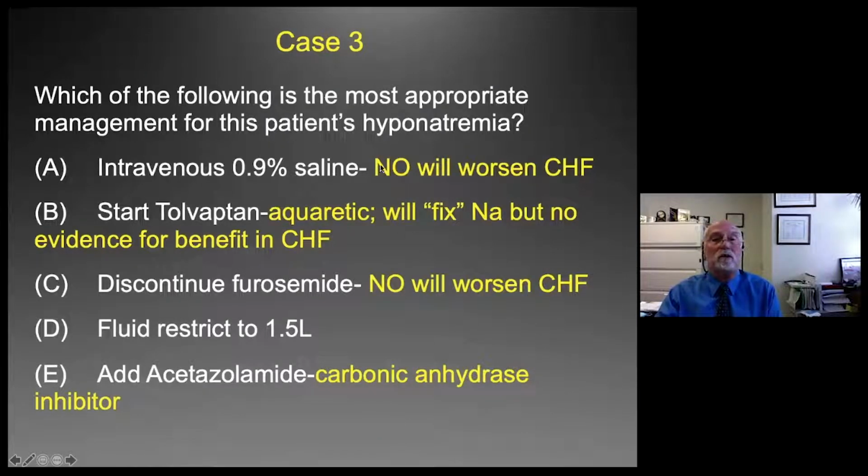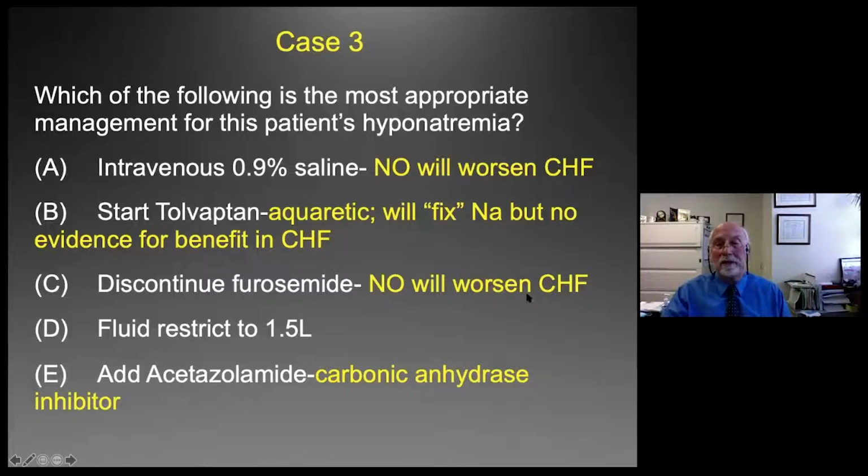So you wouldn't give this woman normal saline. She's already fluid overloaded. You could give her tolvaptan. It's an aquaretic, and that literally means it promotes water excretion, but not sodium excretion. The Everest trials showed that there was no benefit on hard outcomes for treating heart failure patients with hyponatremia with these aquaretics, so they're not typically recommended, but it will fix the sodium.